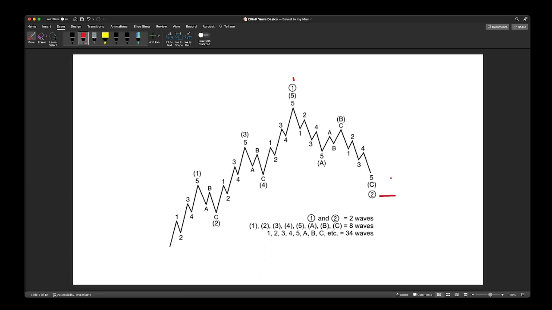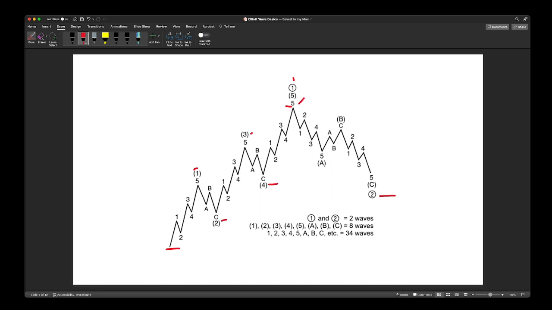If you look a little bit more inwards, what do you see inside this one, from here to here? You'll see 1, 2, 3, 4, 5.